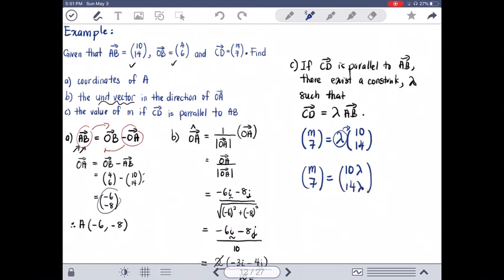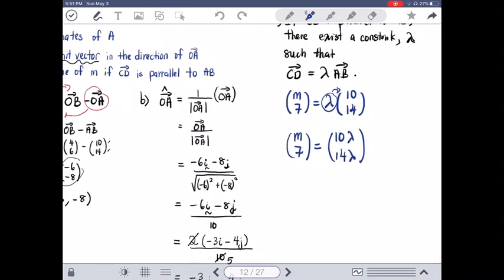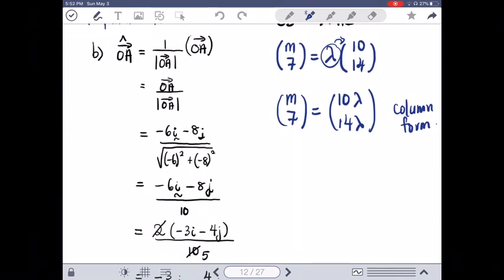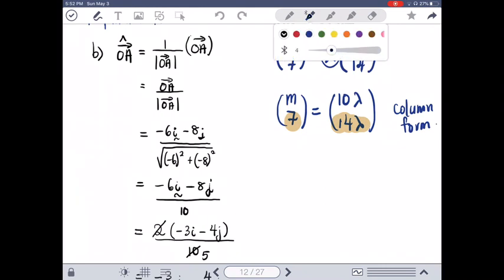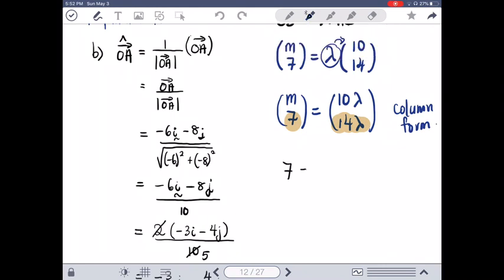Just take note that this is in column form. So now we can compare component j and j first, because we have all the information there. So 7 is equal to 14 lambda. Therefore, lambda is 7 divided by 14, so lambda is 1 over 2.